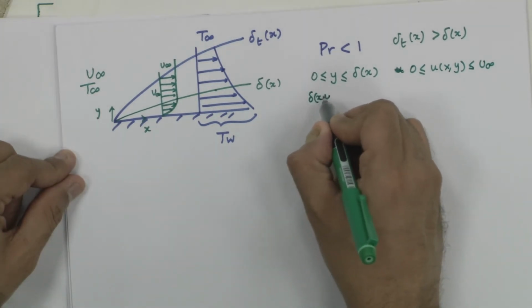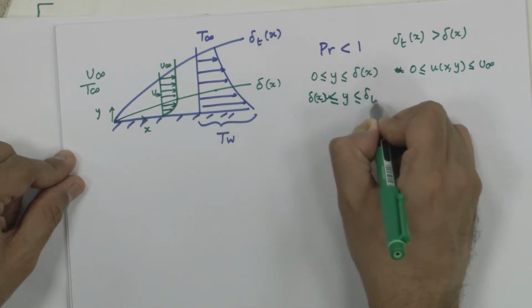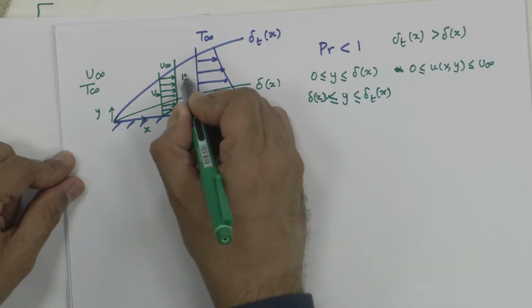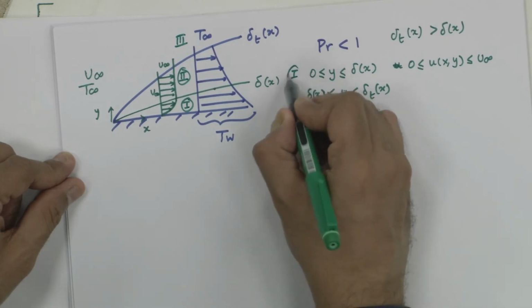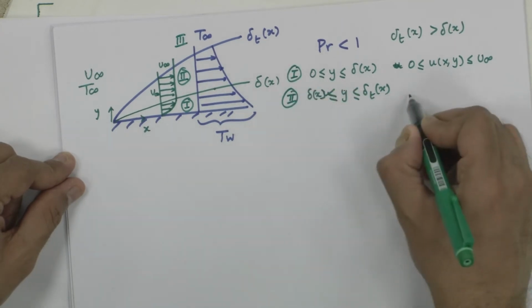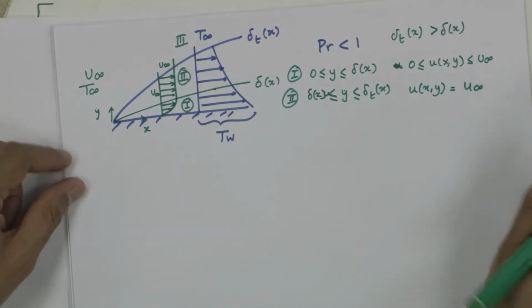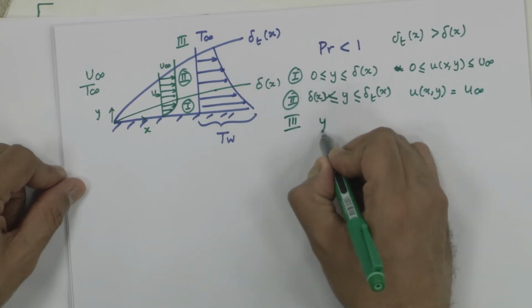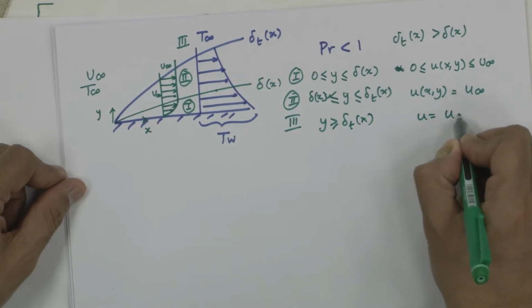Delta of x less than y less than delta t of x in this portion, region 1, region 2, region 3 if I call. This is region 1, this is region 2, u of x comma y is equal to u infinity. Region 3, y greater than delta t, u is equal to u infinity.